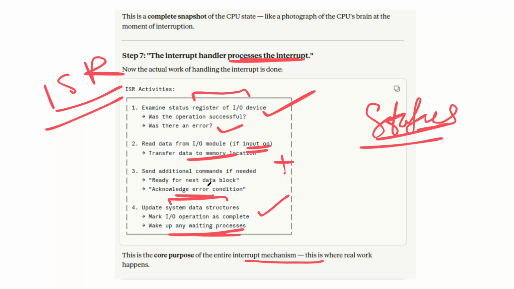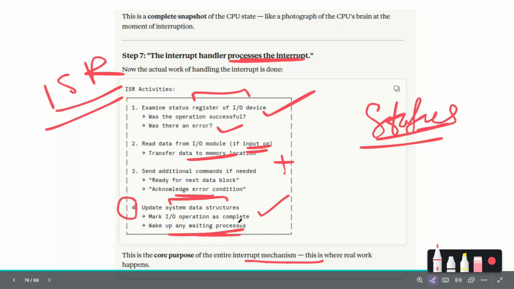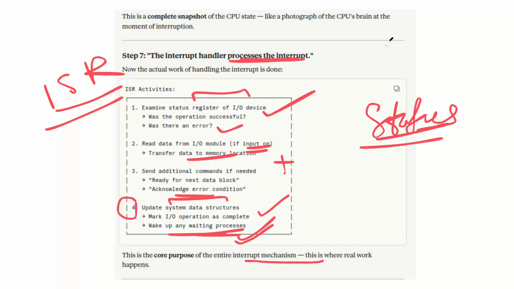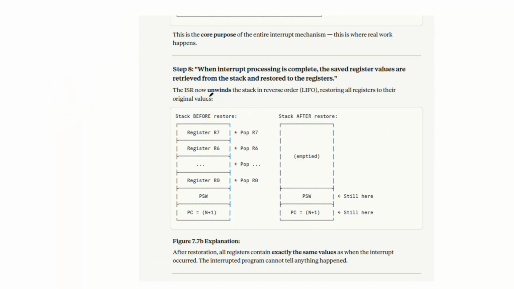And finally, it will update the system data structures. That means it will mark the IO operation as completed and wake up any other waiting process. Fine, ISR activities are done.